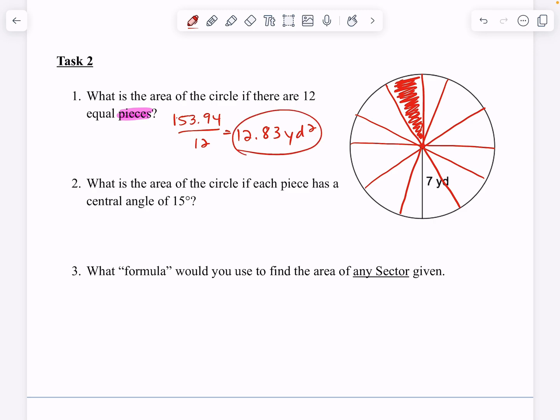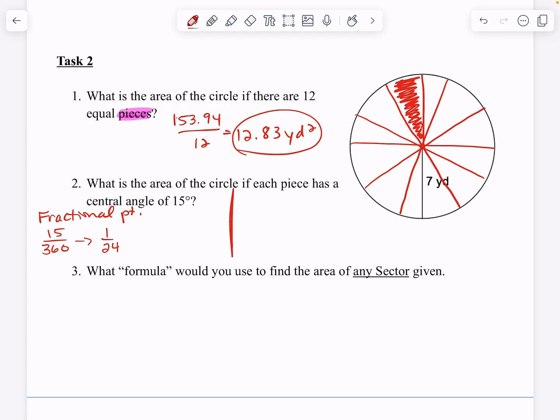But what if I don't give you the number of pieces, or I don't give you the fractional part that you're interested in? Well, you can do this one of two ways. Let's say you wanted to stay with the fractional part. You would just have to figure out what fractional part you have. If I'm interested in 15 degrees out of a full 360 degrees, 15 over 360 is 1/24 of a circle.